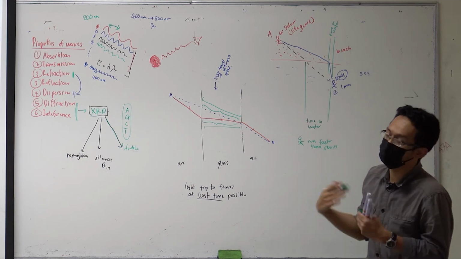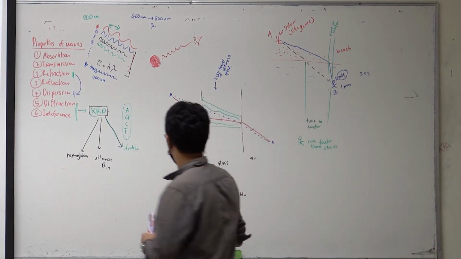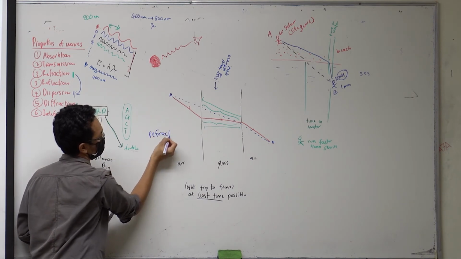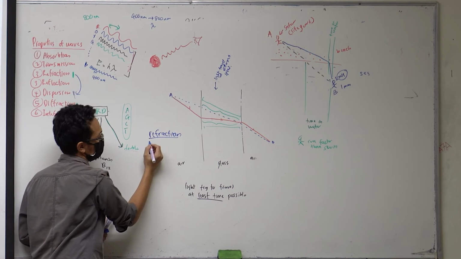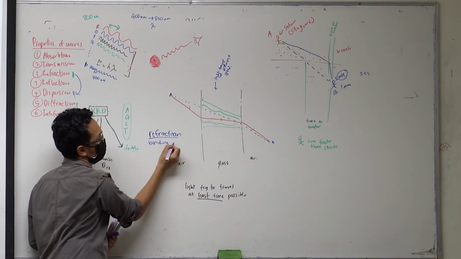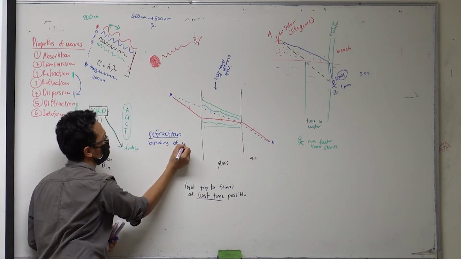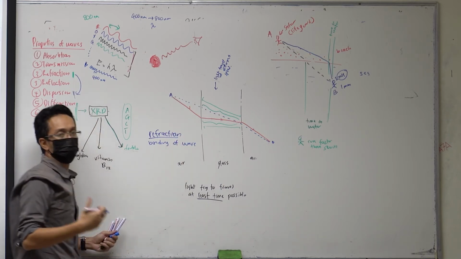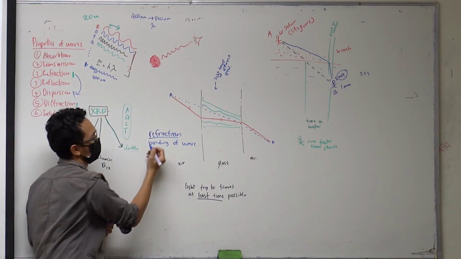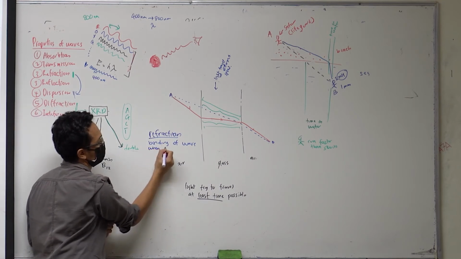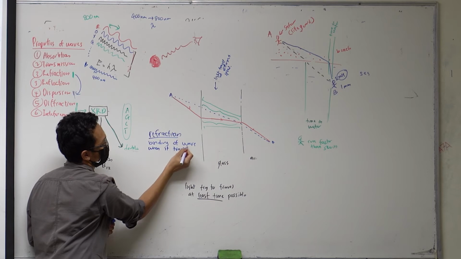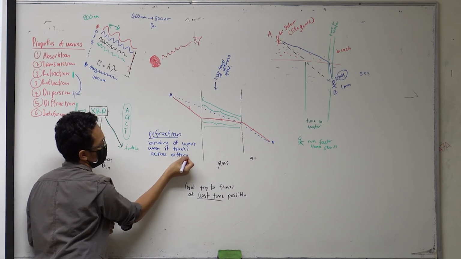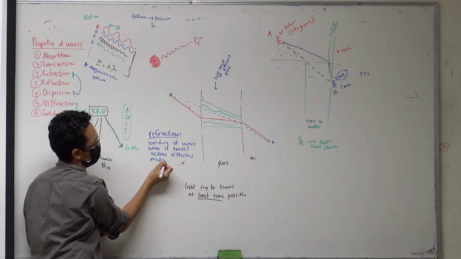So this is what we call refraction. Refraction is the bending of light, or bending of a wave, generically, because sound also can be refracted. Bending of a wave when it travels across different media.